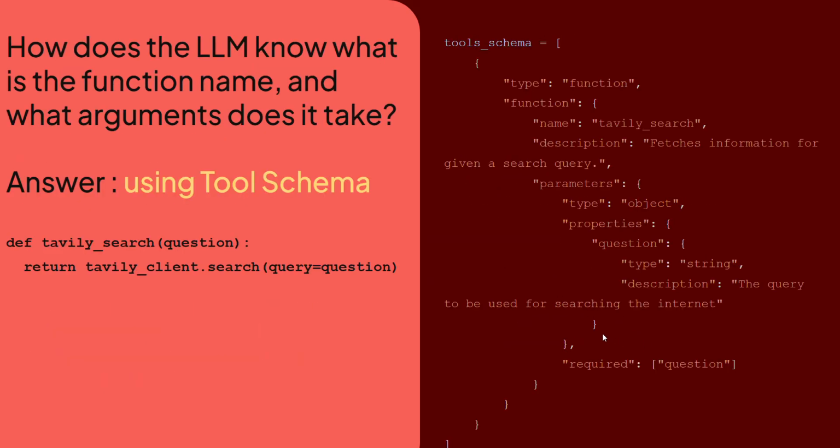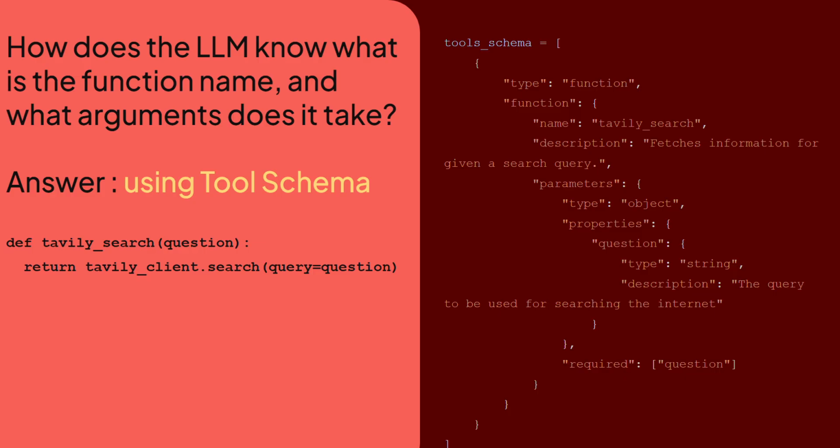Because you provided it with the name Tavily search within the tool schema, when you had passed this information there, and using this tool schema, you can really build some wonderful tools for the LLM, and you can pass these tools to the LLM when you ask it questions.